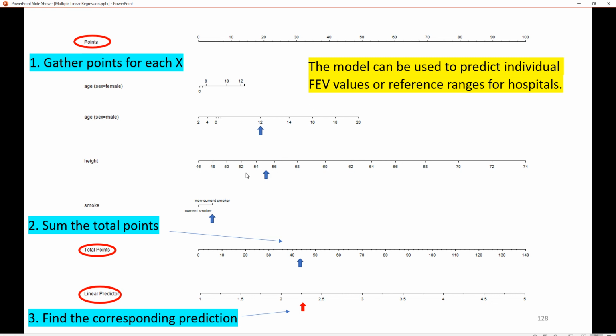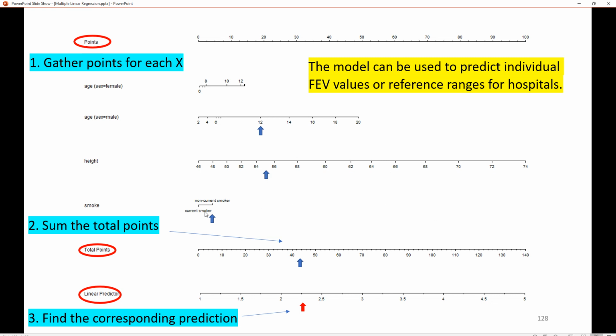If your height is 74 inches, you're going to have about 100 points on that top row for points. That's the full range: going from 40 to 74 inches is about the same as going from 0 to 100 points for this predictor.